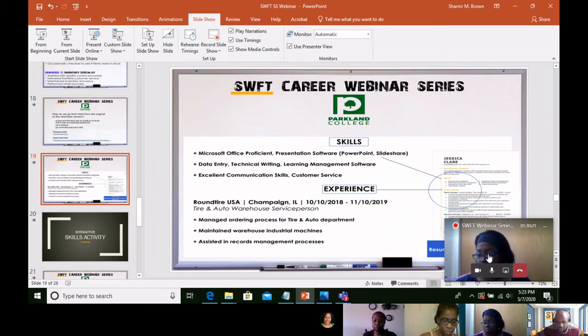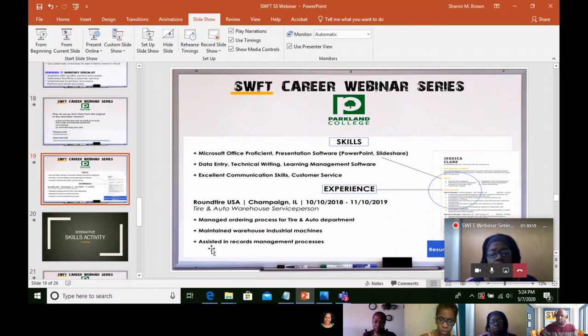What we see here on the slide is pointing to the idea of listing skills, which we've talked about. These are more technical skills being referenced here. And then the idea of listing your bullet points for your job. So this is a fake job, let's say a tire and auto service. This person might be tasked with managing the ordering process for things in the tire and auto department, maintaining the warehouse and some of the machines they have there on site, and assisting in some of the records management processes.